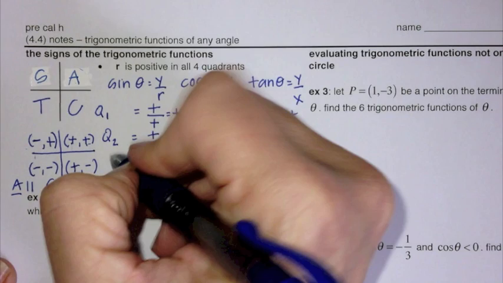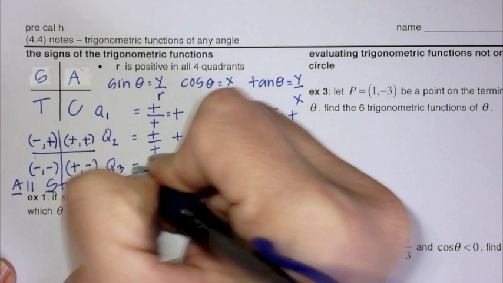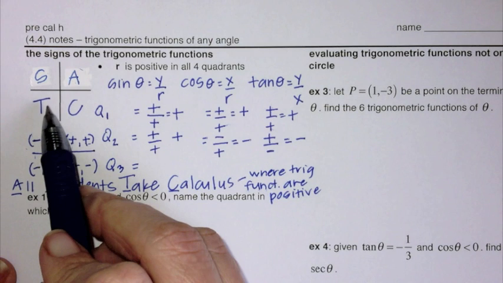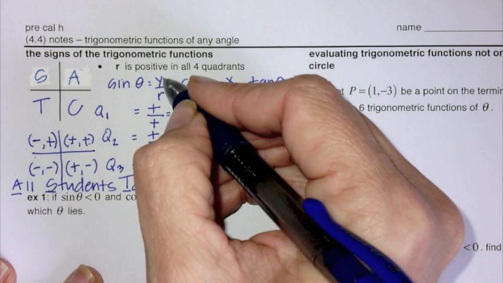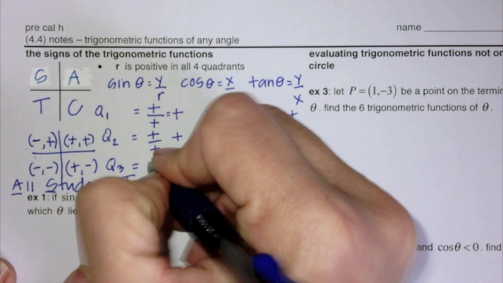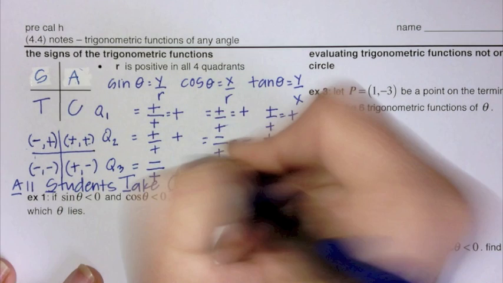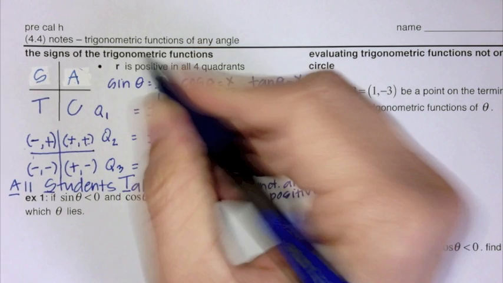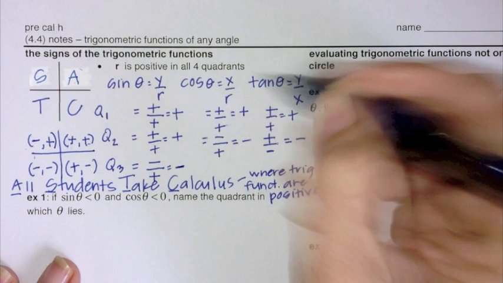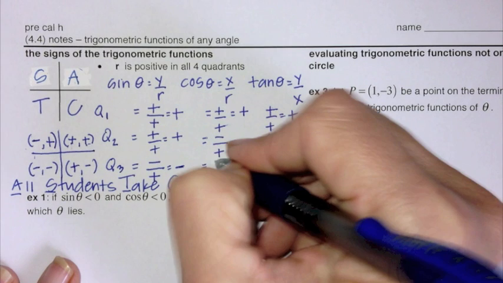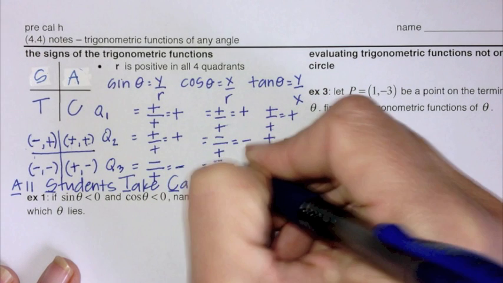So we'll go into quadrant 3 just to see it a little bit more. This is a T, so we're expecting tangent to be positive, and that seems a little strange, but let's look here. Y over r would be negative over positive, because the radius is always positive, so that equals a negative. And then cosine is also negative over a positive, which is a negative.